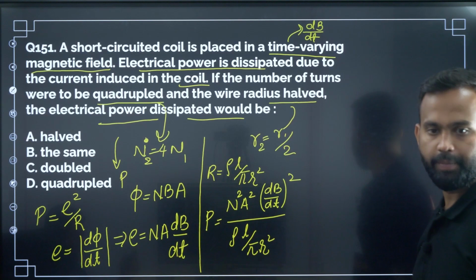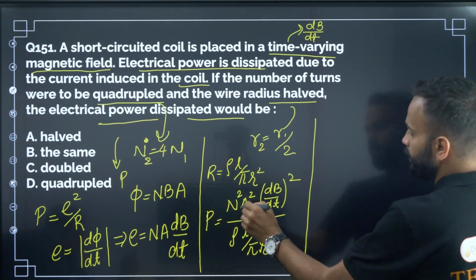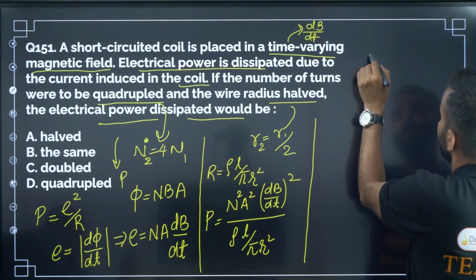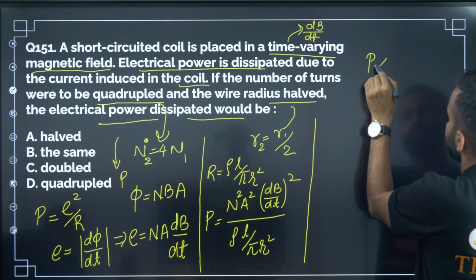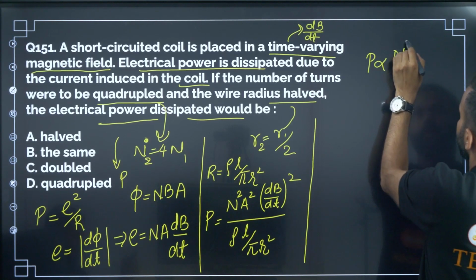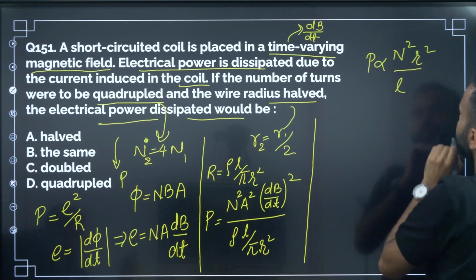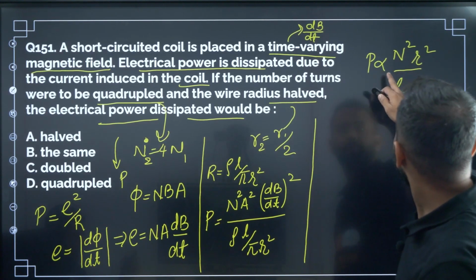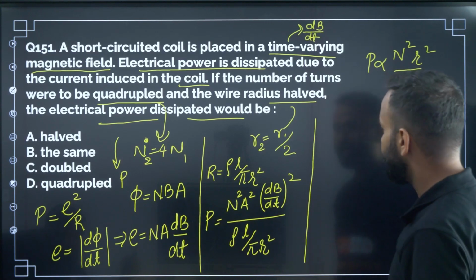So now from this we can conclude that power dissipated, electrical power dissipated, is directly proportional to n square R square divided by L, right?